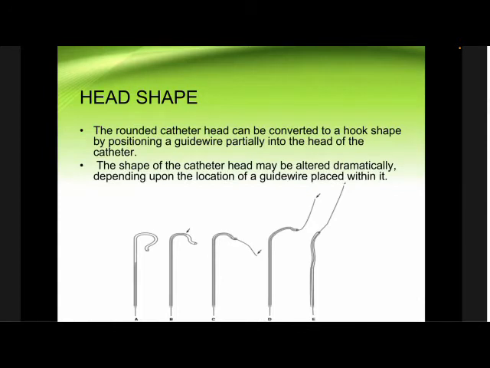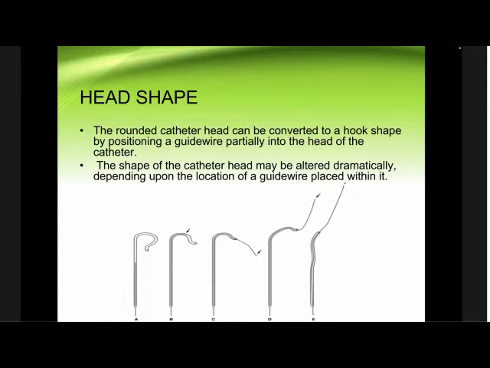This rounded catheter is shapeable, and it can be shaped based on the position of the guide wire in the catheter. If the guide wire is introduced to the tip of the catheter, the shape can be altered, and if the guide wire is introduced more, the curved shape of the catheter can be straightened further.